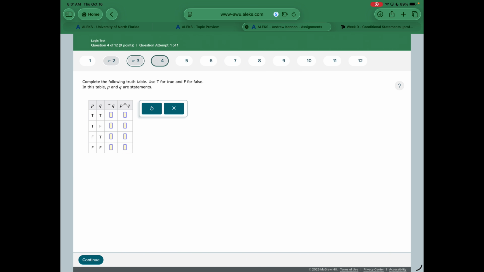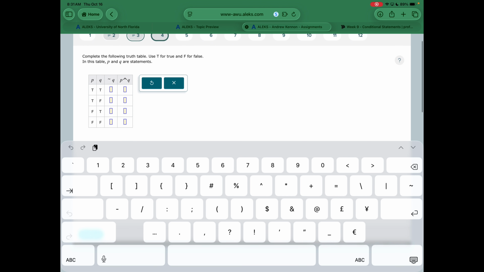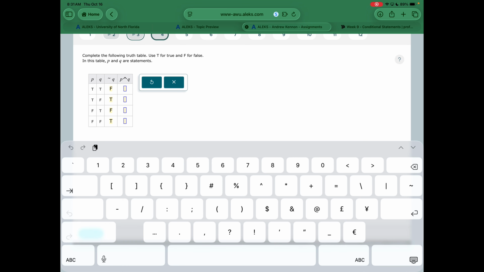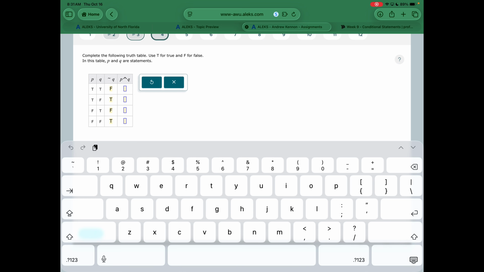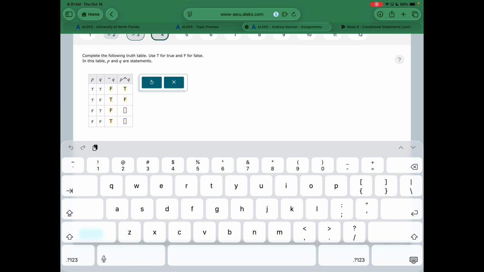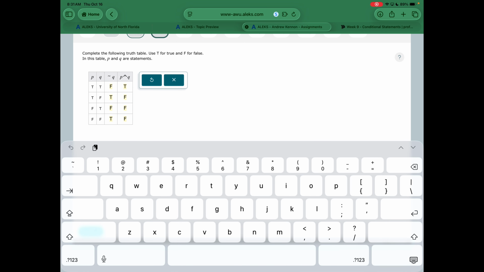A truth table. This is just your basic truth table where you don't have to do too much. So again, hopefully this helps you remember the rules as you take the test. The not Q would be the opposite of Q, so I'm doing the opposite of the second column. In the and Q, I use the first and the second column. It's only true if they're both true. So true and true, true and false, false and true, false and false.